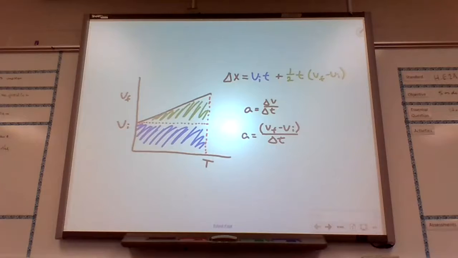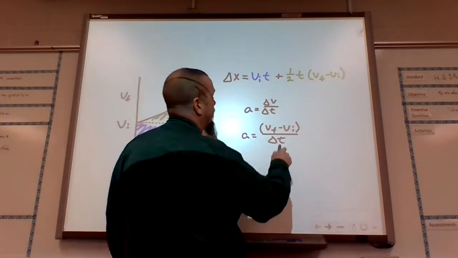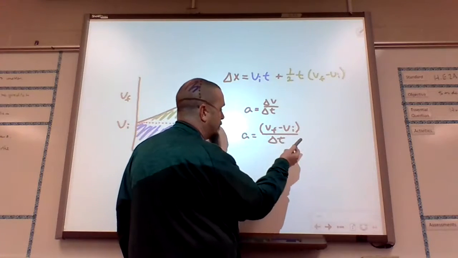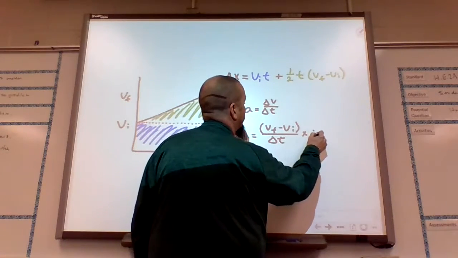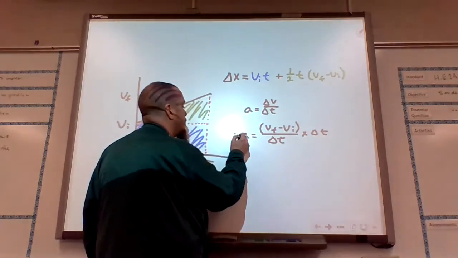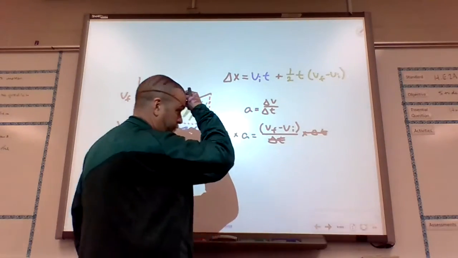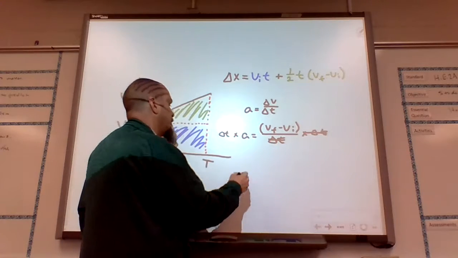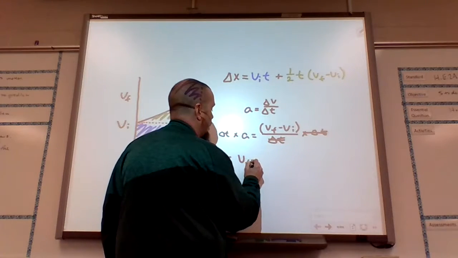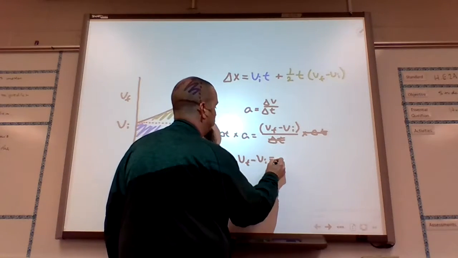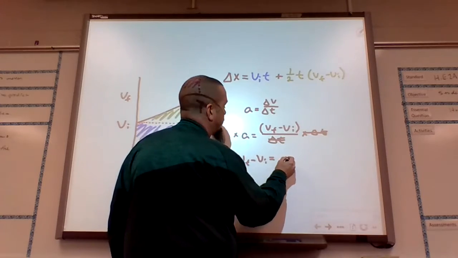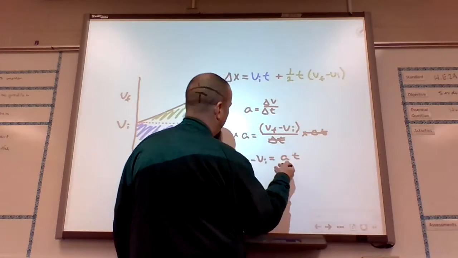Then rearrange that equation so it says VF minus VI equals. Since we're dividing by delta T, we'll do the opposite operation and multiply both sides by delta T. Rearranging this so it says VF minus VI equals, we get A times delta T, or A times T.